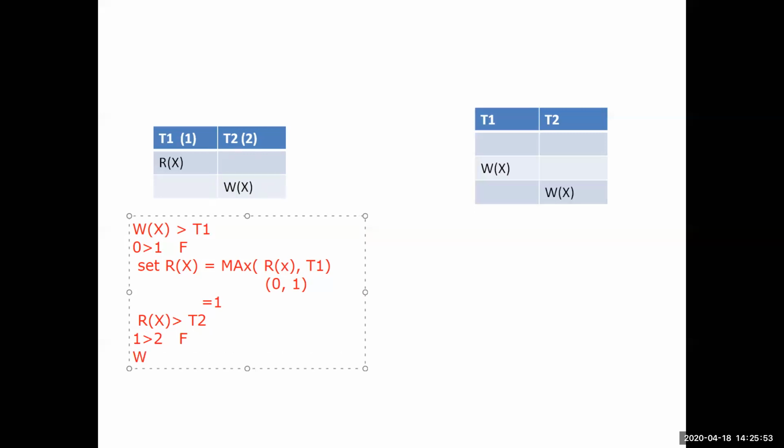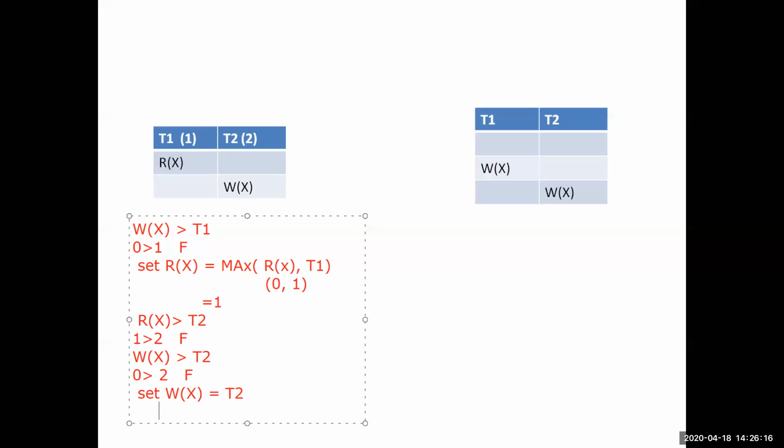Then I need to check whether the write timestamp is greater than the T2 timestamp. Write timestamp right now is 0, greater than T2, 2? So it is failed. If both conditions fail, I need to set write timestamp of X equal to the timestamp of that transaction, that is T2. That means it will get set to 2.